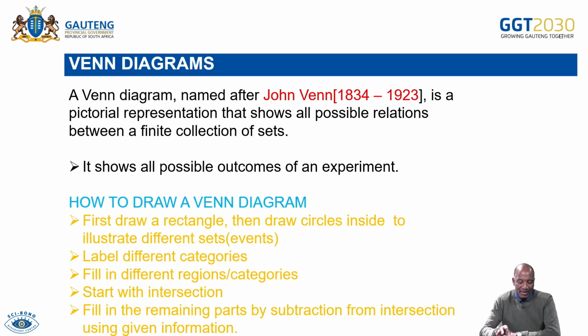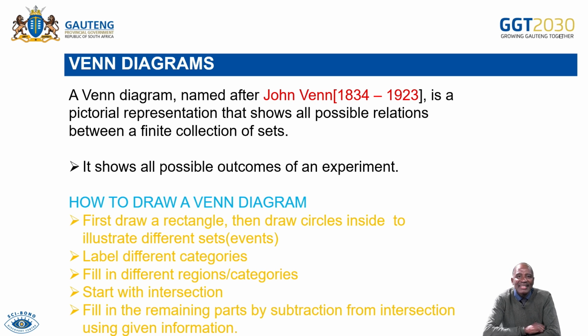Okay. Right, so we continue with our Venn diagrams here. It says, this is a pictorial representation that shows all possible relations between a finite collection of sets. It shows all possible outcomes of an experiment. How do we draw a Venn diagram?